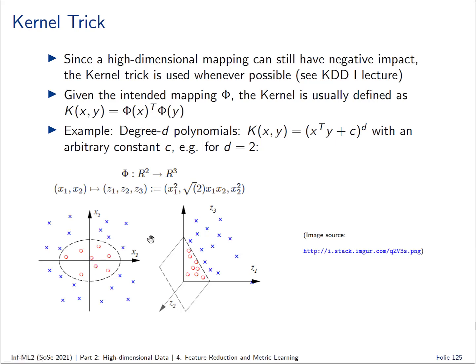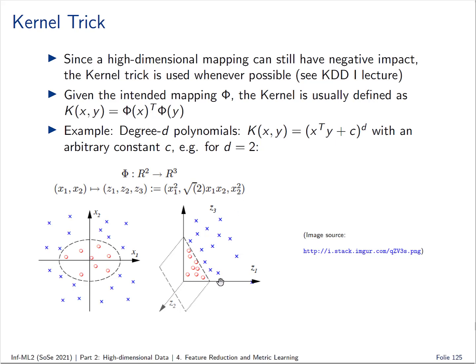We have to map them to a high-dimensional feature space. In that case, the mapping is from x1, x2 to z1, z2, z3. z1 is x1 squared, z2 is square root of 2 times x1 times x2, and z3, the third feature, is x2 squared.